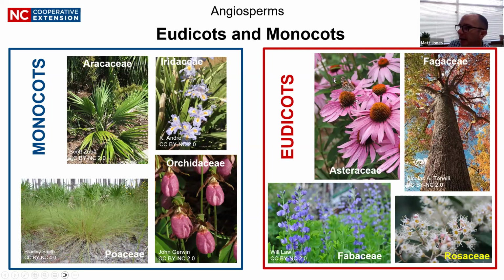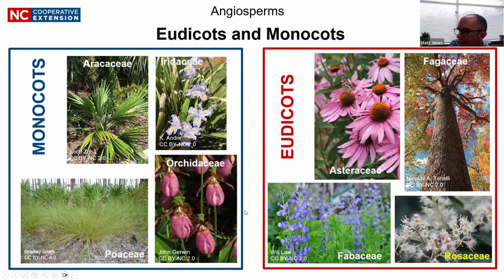And then the eudicots include some other major groups like the Fabaceae, the bean family, 25,000 species. Asteraceae, the aster family, 20-something thousand species. The oak family, Fagaceae, oaks and beeches, etc. And even the Rosaceae, which is another large family that includes lots of things we like to eat, from strawberries and peaches to pears to apples, all in the rose family.